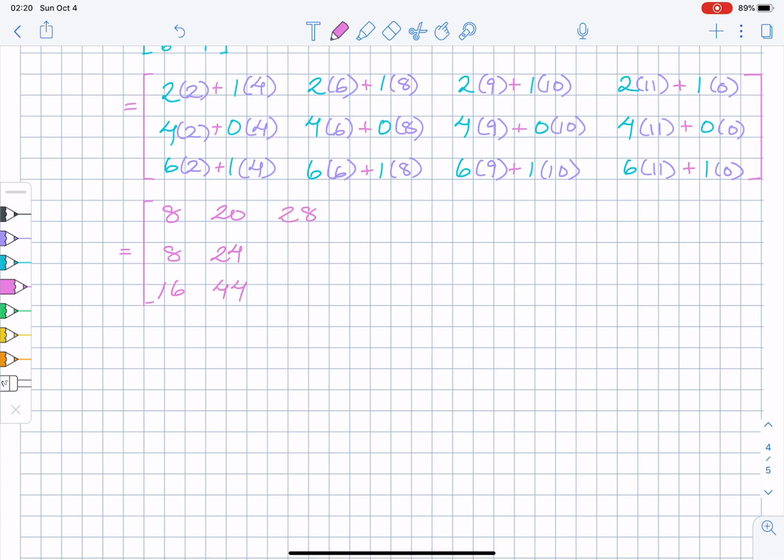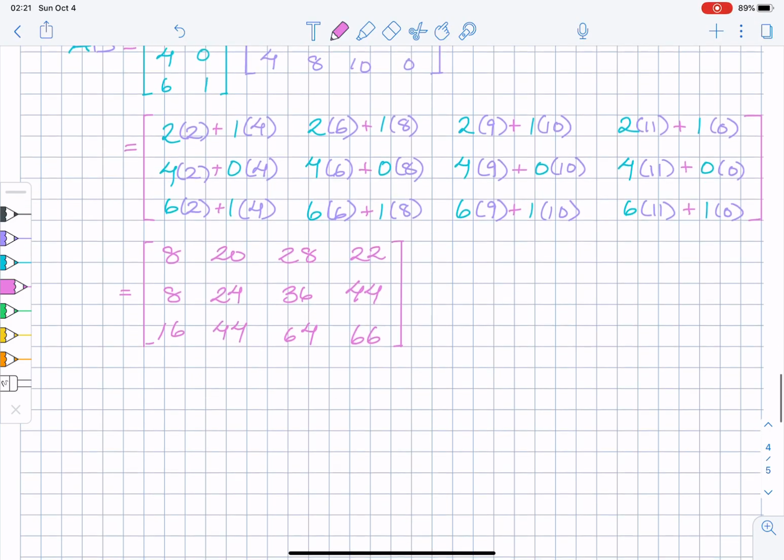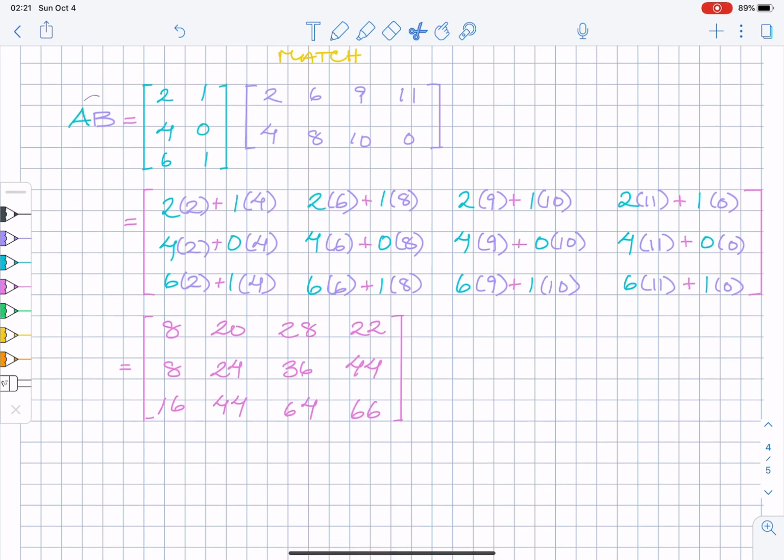So 4 times 9 is 36. 6 times 9 is 54, plus 10 is 64. 2 times 11 is 22. 4 times 11 is 44, and 6 times 11 is 66. So that is the product, A times B. And notice, actually maybe I should copy and paste this.